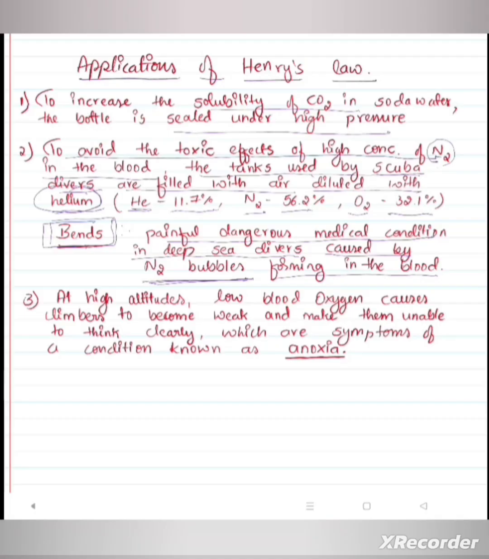Then the third one is that at high altitudes, low blood oxygen will be there. The people who are living at high altitudes, and the climbers also, will have low blood oxygen, because the pressure is very low, and the temperature is also very low.